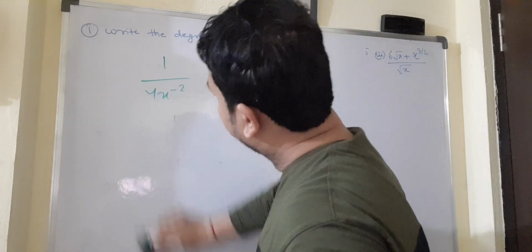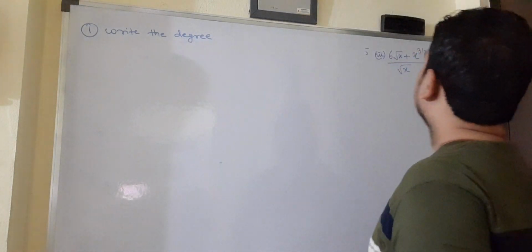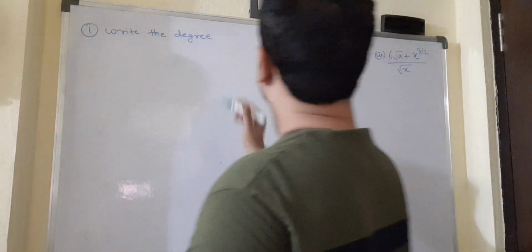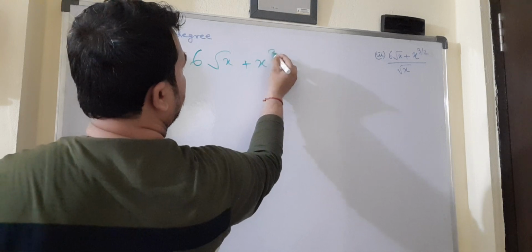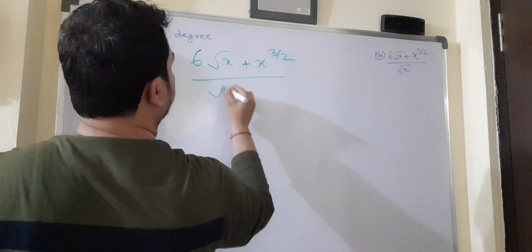Only one question remaining. Six root x plus x to the power 3 by 2, divided by root x.